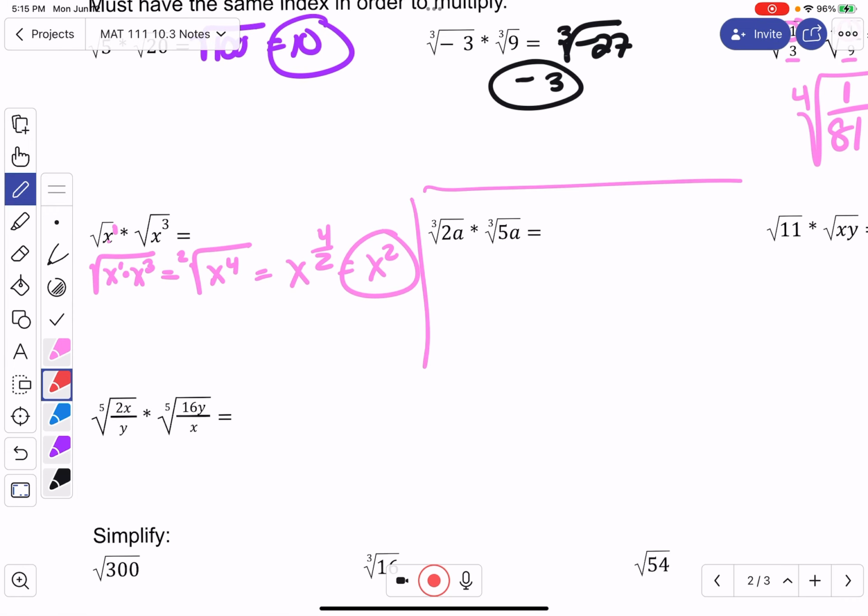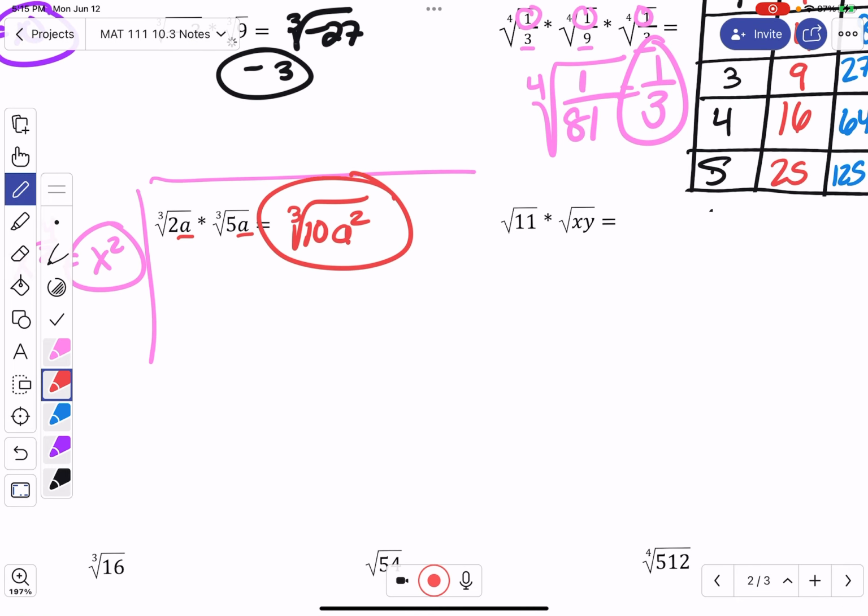We're going to do 2 times 5, and we get 10. And then a times a is a squared. And that's as far as we can get it, unless we want to have decimals or fractions. So that would be fine in exact form. All right. Here, we can multiply 11 times xy is just 11xy. And that's as far as we can simplify that one.